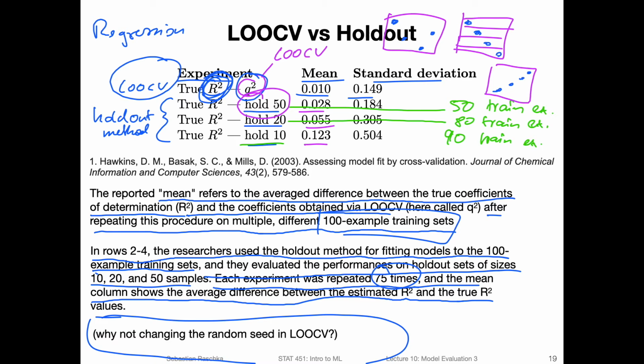However, the smaller test sets will cause more unreliable estimates of the performance. You can see the mean increases the smaller the test set becomes, but also the standard deviation between these 75 repetitions increases, so it becomes more unreliable the smaller the holdout set is. So actually here, based on these simulations, you can see that leave one out cross-validation has actually the best properties.